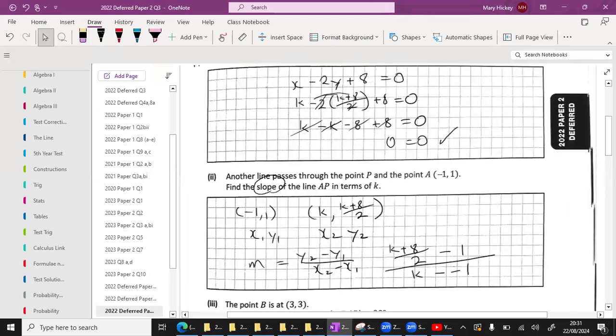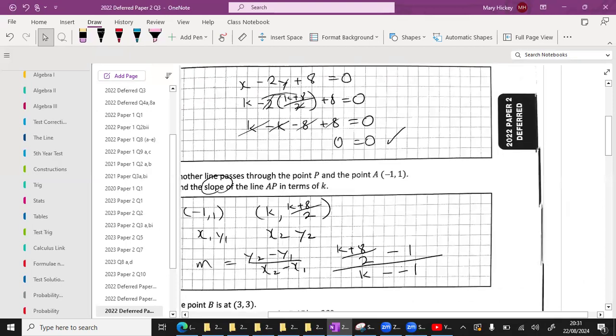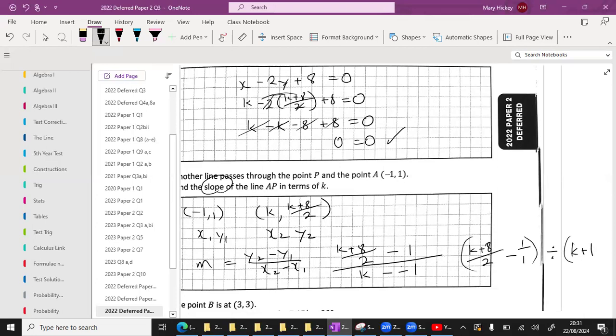So we're going to tidy all this up now to make it look a lot nicer. So my top line, what I might do here is I might just write it separately. So I'm going to do (k plus 8) over 2 minus 1 over 1. And then I'm going to divide it by, and that's obviously, k plus 1. So I've just kind of split it up to try and make it a little bit more pleasant for us to use. So our common denominator is 2.